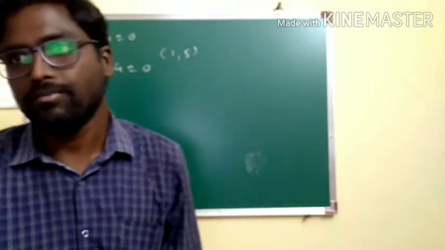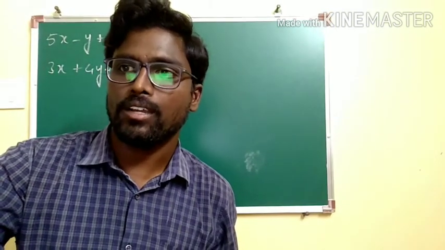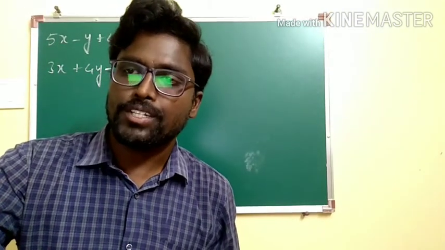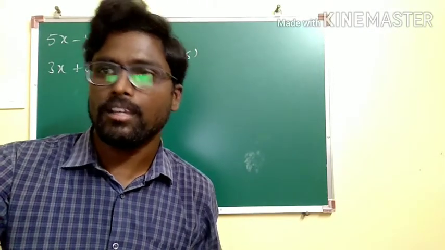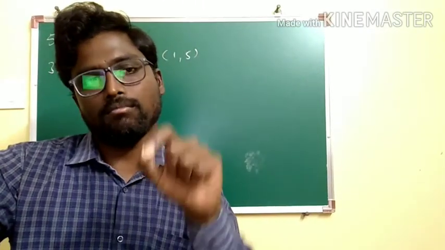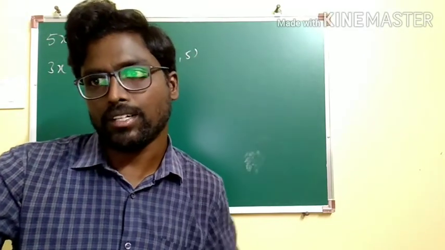Obtain its equation. Means here we are supposed to find the line equation which cuts the given lines at 2 points, and the middle point of that particular line segment is given as (1, 5).